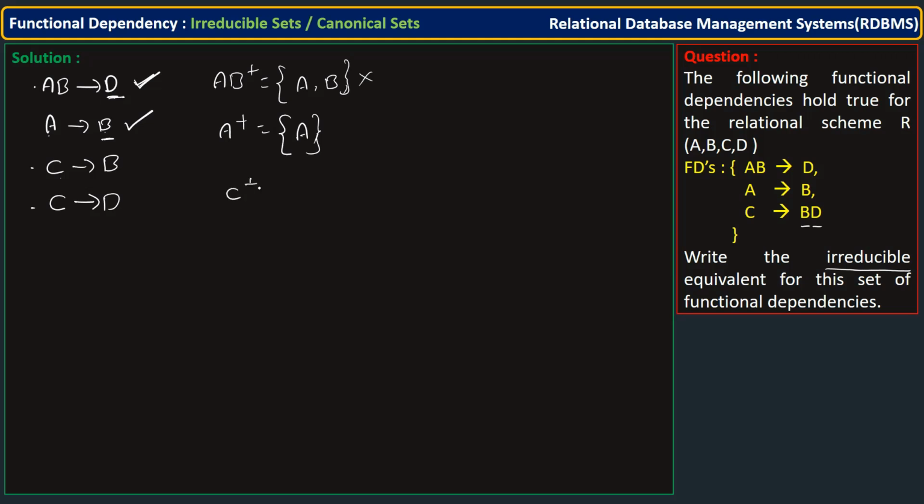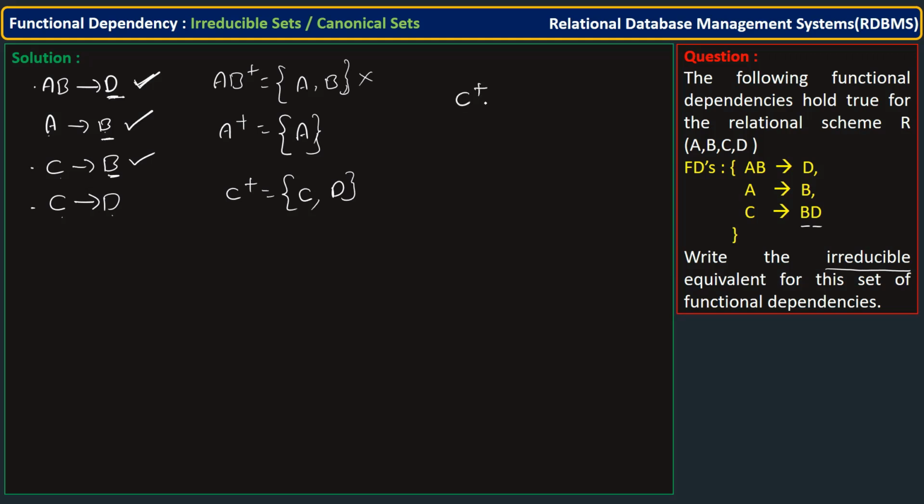Now let us go for this part. Find the C closure without this FD; you must generate B. Is it possible? It is generating C, and of course C generating D. Fine, but we are unable to generate B. So this is also essential.